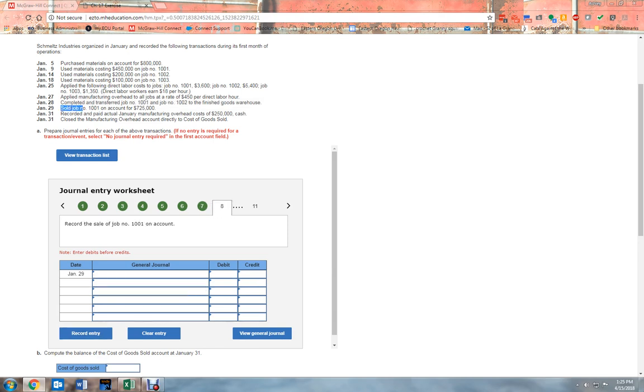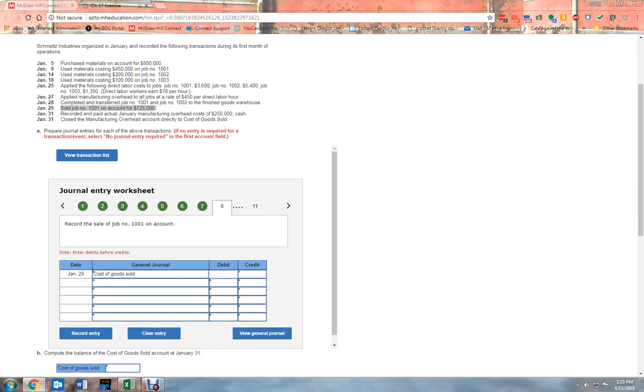Okay. So now we're going to sell job number 1001 on account for $725,000. So those costs are being transferred out of finished goods, and remember, we close finished goods once we sell them. Those costs close to cost of goods sold. Actually, Connect is probably going to have you do this in two pieces.